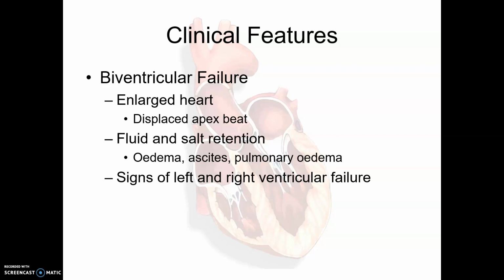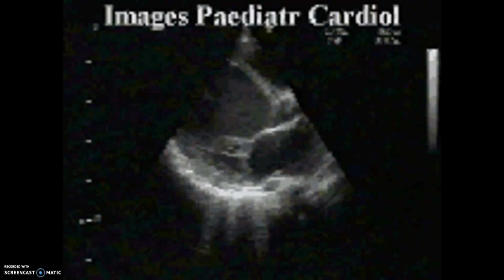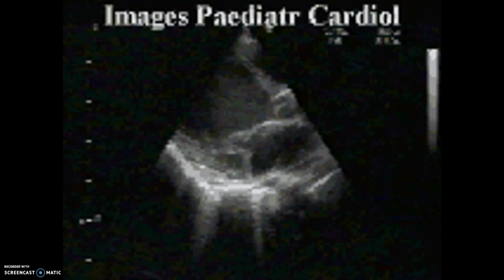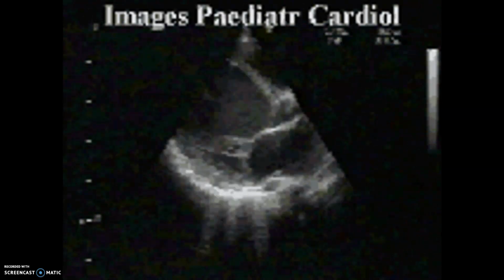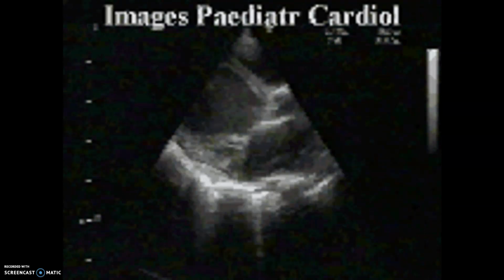So essentially they have signs of both left and right ventricular failure. And this is just an echocardiogram of a heart showing very poor ventricular contractility in both ventricles, which would lead to cardiac failure, biventricular failure.